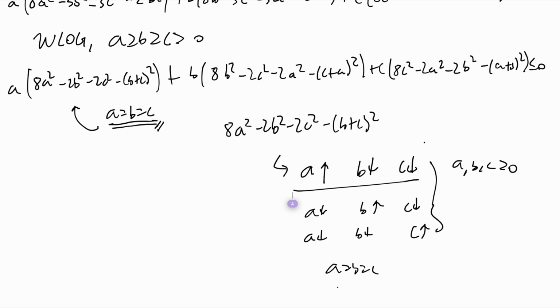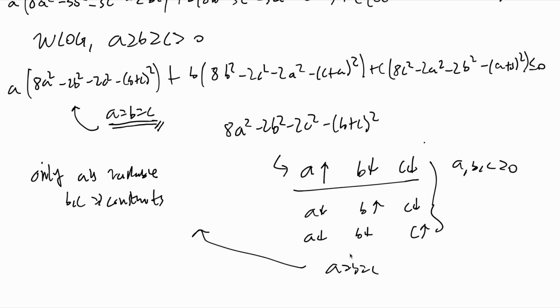Now for the sake of clarity, let's assume without loss of generality that only a is variable and b and c are constant. Oh yes, so this logic works. So when a equals b equals c, it will reach the maximum value, because of the AM-GM inequality.